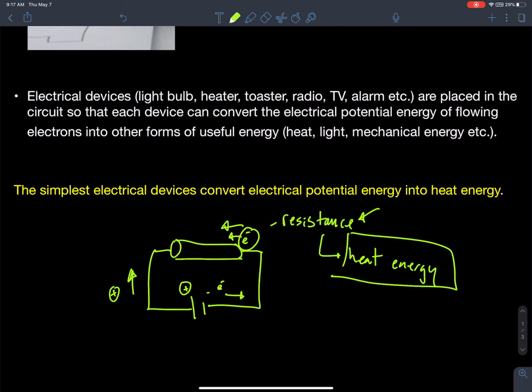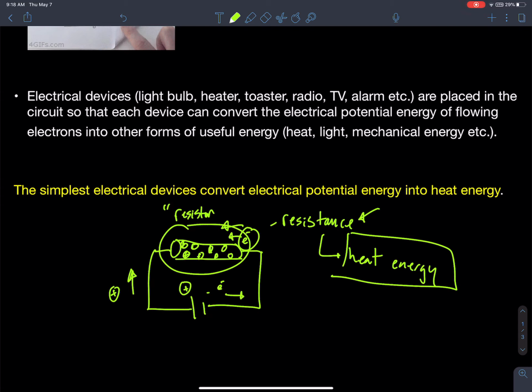The simplest devices really are just special types of wire that we put into a circuit that allow electrons to bump into atoms inside of that wire and create heat energy. Those special types of circuits have something called a resistor.